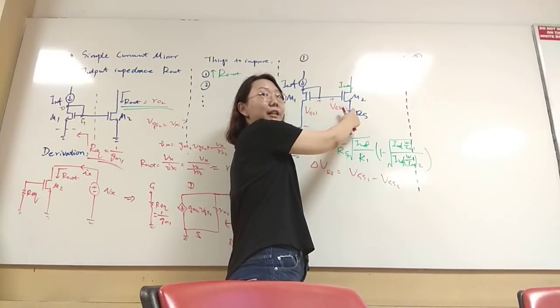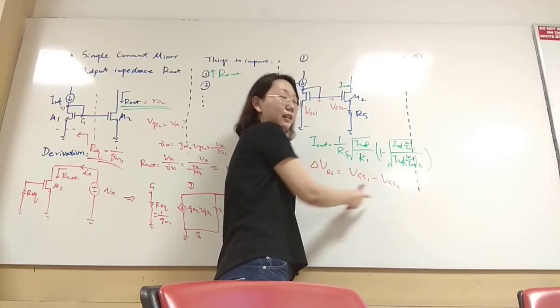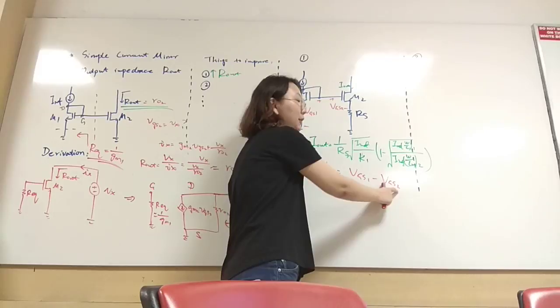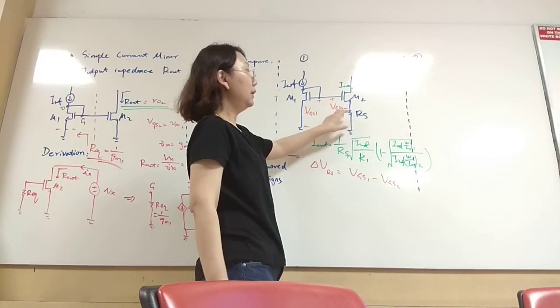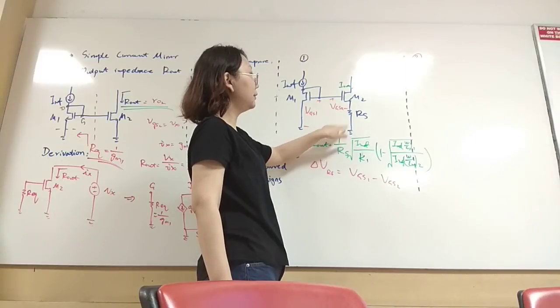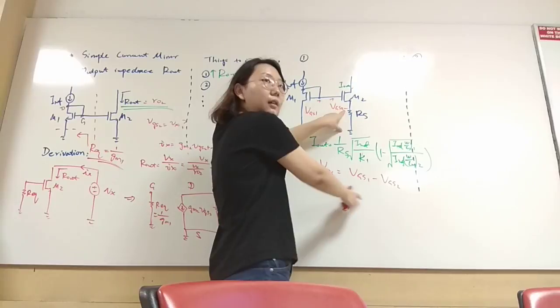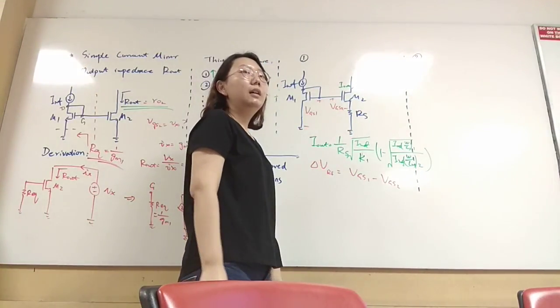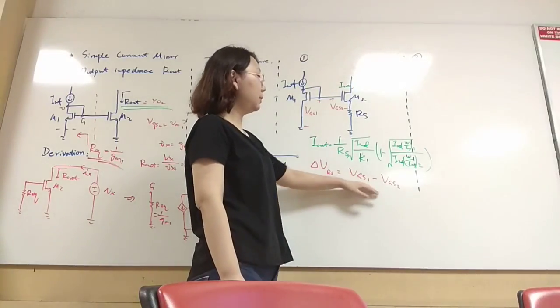So which level are you at? You climb one VGS, so plus VGS1 and minus VGS2. Then you are at this level, and because here is connected to the ground, the voltage across this RS is just this value.